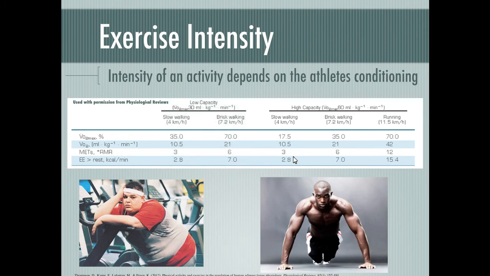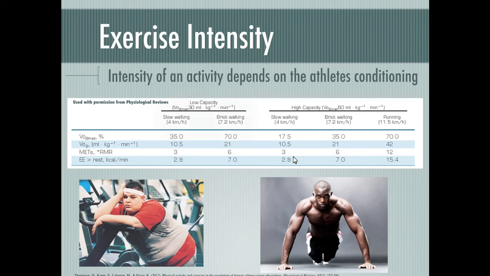So one of the number one variables that we really talk about with exercise is intensity. And your ability to train at certain volumes is going to be dependent on your conditioning status. So here, to your left, we have an untrained, not as lean individual, hurting right there after exercising.